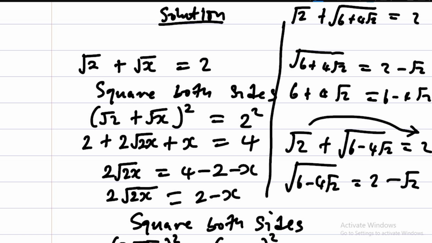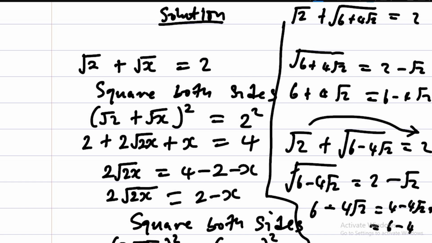So if I square both sides, squaring this side, it cancels the square root. I have just 6 minus 4 root 2. If I square this side, square the first one, you have 4. Multiply the first one and second one, double it, you have minus 4 root 2. Square the last one, you have plus 2. So 2 plus 4 will give us 6. So this is 6 minus 4 root 2.